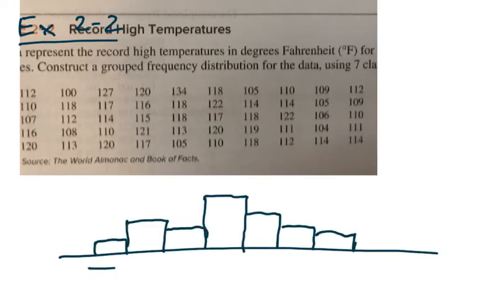Now, this little sketch here is essentially the general idea of what we mean by group frequency distribution. Here, instead of having a little dot for each individual data value in here, we're going to just say every value that falls into this range, we're going to just count the number of times this occurs. So we don't really care about each individual value and how many dots it has above it.